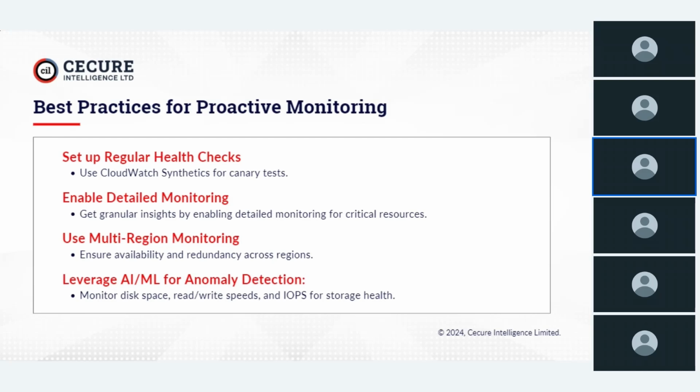And finally, for this presentation, you can also leverage artificial intelligence and machine learning for anomaly detection, right? So, for example, on AWS, there is a service known as Compute Optimizer. Many people do not know the instance type or instance size to use for their workloads, right?